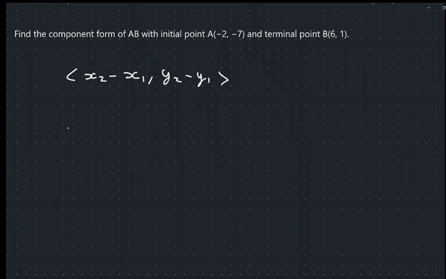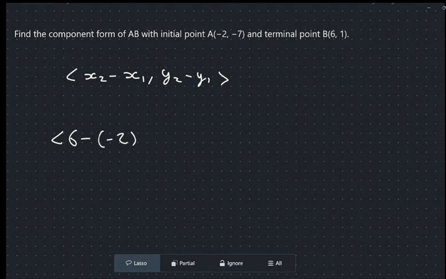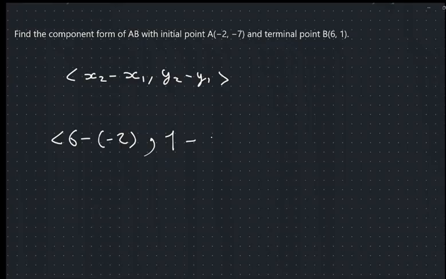So x2 is going to be 6 minus x1, which is -2, and then we will have y2, which is 1, minus y1, which is -7. Therefore, the result is going to be 8 and 8 as well.